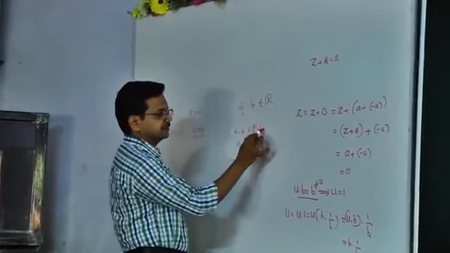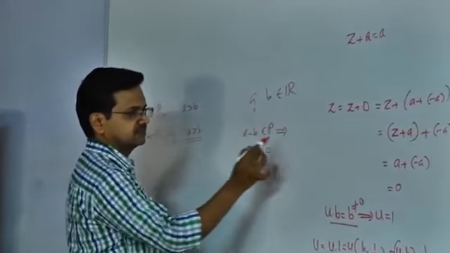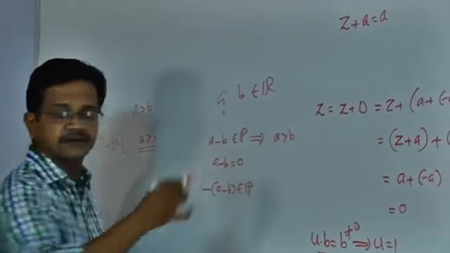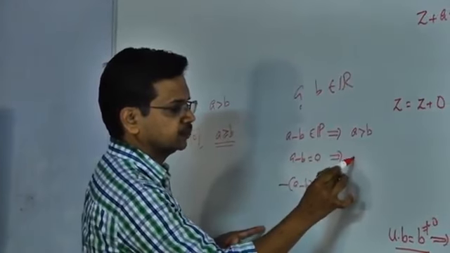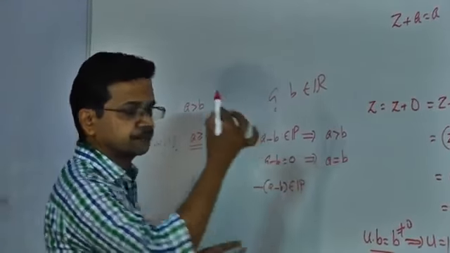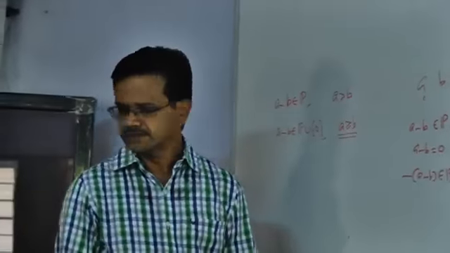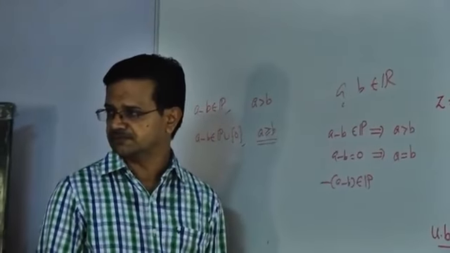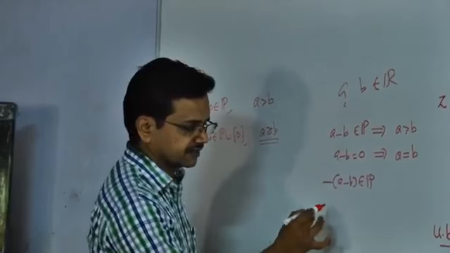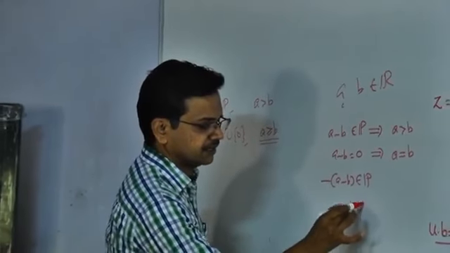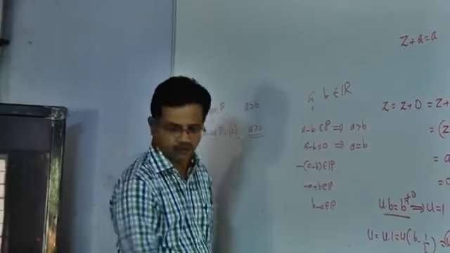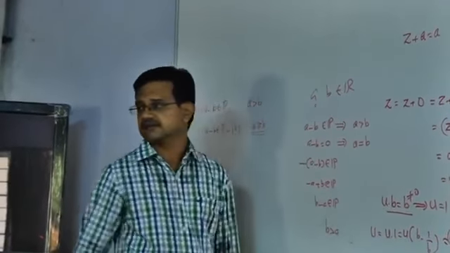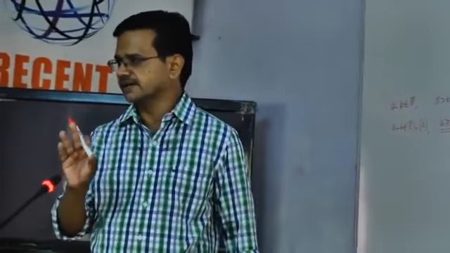If A minus B belongs to P, by using this definition, we can conclude that A greater than B. If A minus B equal to 0, by using algebraic properties, we can prove that A equal to B. If minus (A minus B) element of P, by opening this, we can write it as minus A plus B element of P, or B minus A element of P, that is B greater than A. That means we can compare any two real numbers.